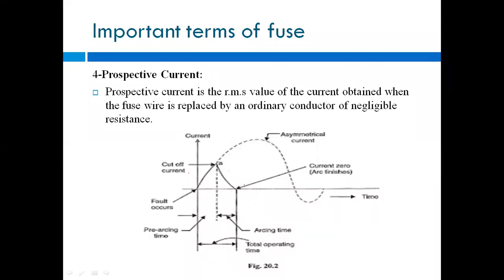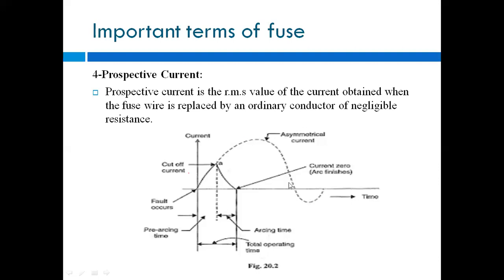As your current increases, the time required decreases. That is the inverse time current characteristic, the speciality of these fuses. So the first positive half cycle is shown here, and its area is more.